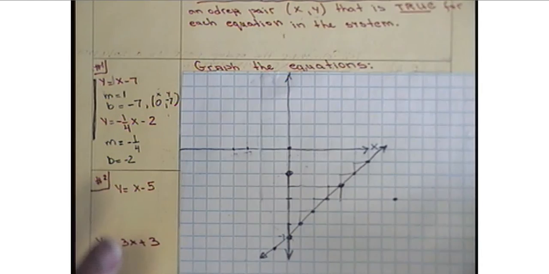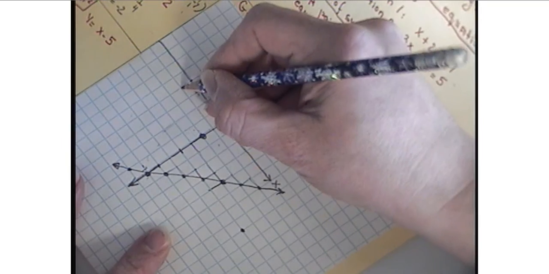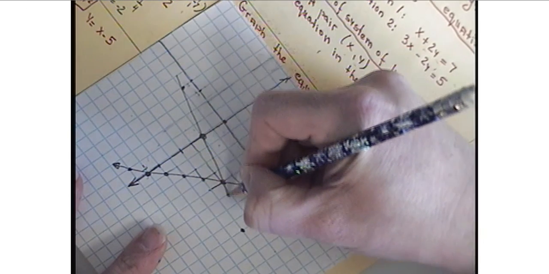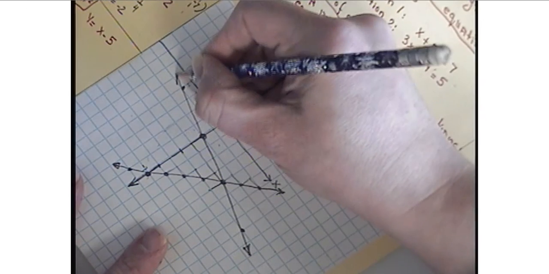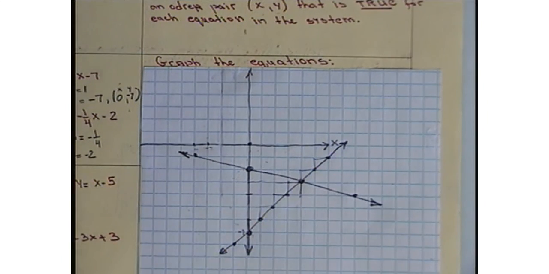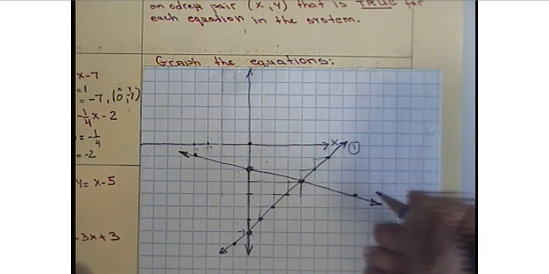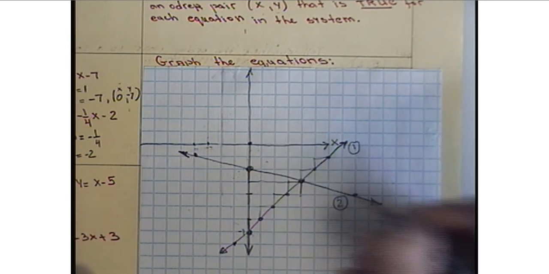If I connect those 3 points, and I will turn my paper around a little bit because I would like you to see. So this is the line that crosses. That will be the first equation of the line. This will be the second equation of the line.